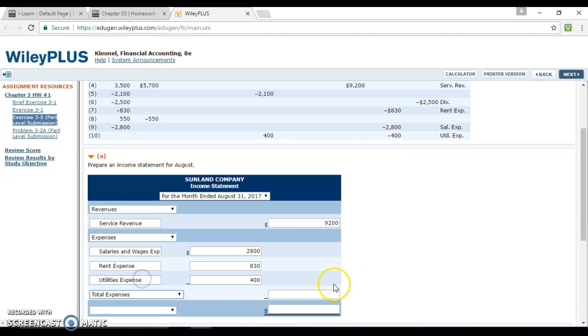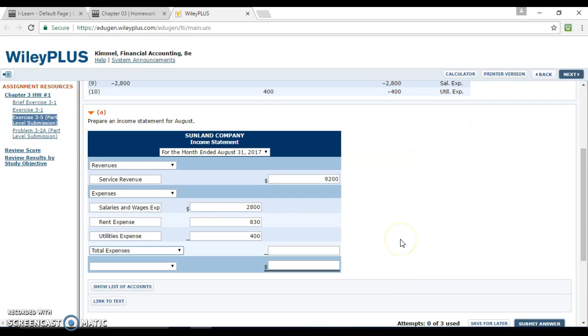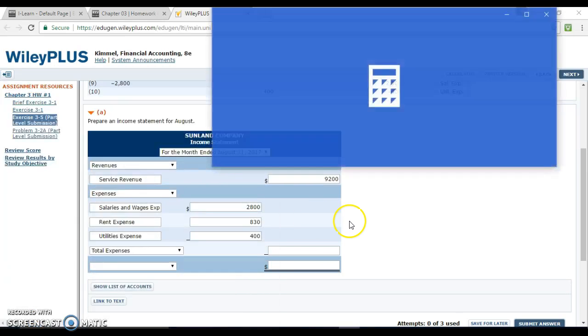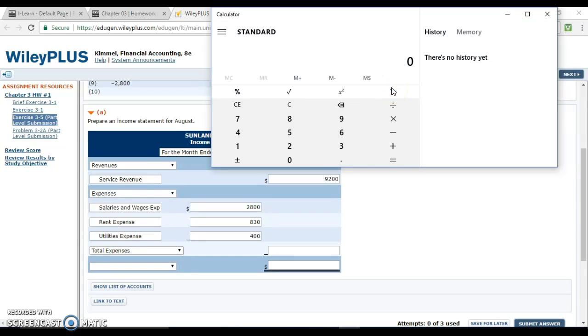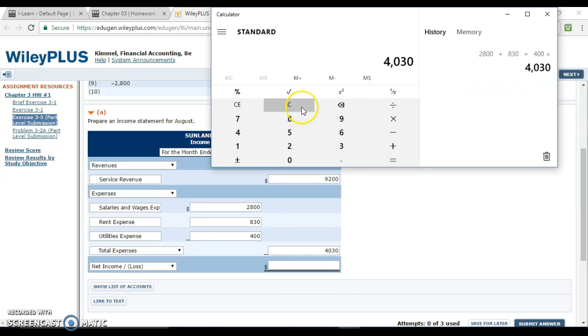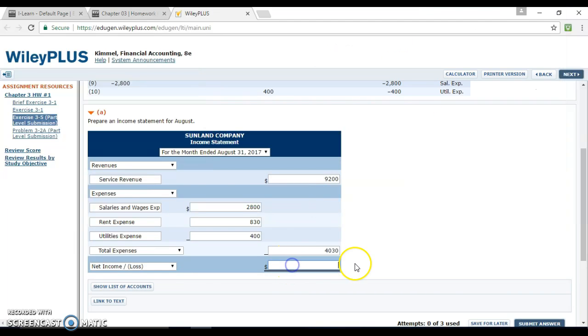So total expenses, as we add that up, 2,800 plus 830 plus 400 is $4,030. So our total net income is 9,200 minus the 4,030. So our net income is 5,170.